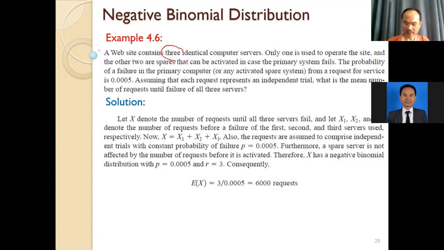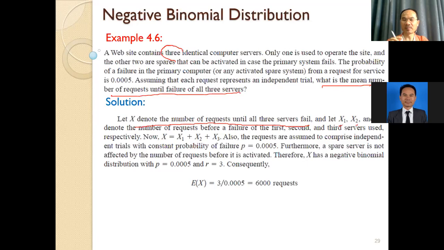What is the mean number of requests until failure? For this case, we let X be the number of requests until all 3 servers fail. X means the number of requests that you use the server until it fails. We have 3 servers: X1, X2, X3. X1 is the number of requests before server 1 fails, X2 before server 2 fails, X3 before server 3 fails.